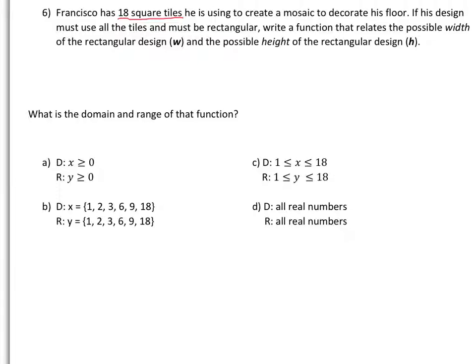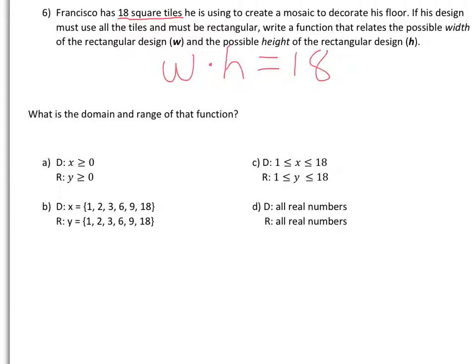So, this is actually pretty simple. As we know, the area of a rectangle, which in this case must be the same, is equal to the width times the height. And it gives us our variables, so we have to say W times H is equal to 18. So that's our function.